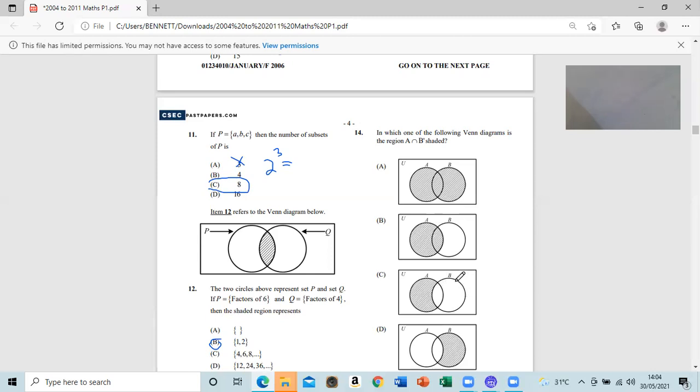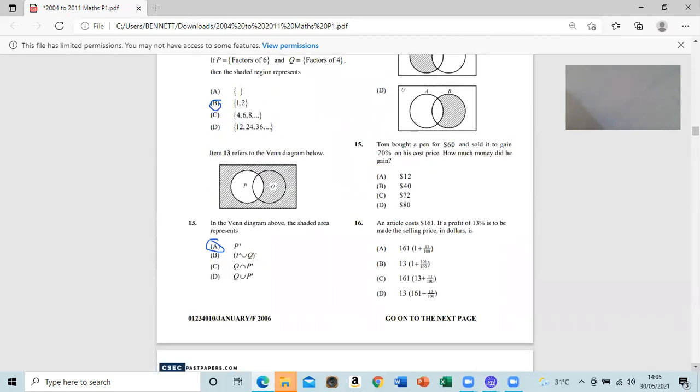Not in B, everything in A. This couldn't be it, because this is A and B, right? And this is A union B. So you understand? This is C.